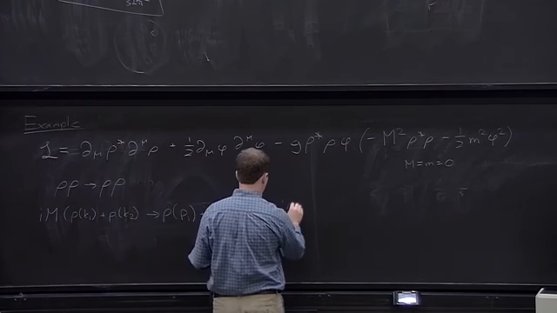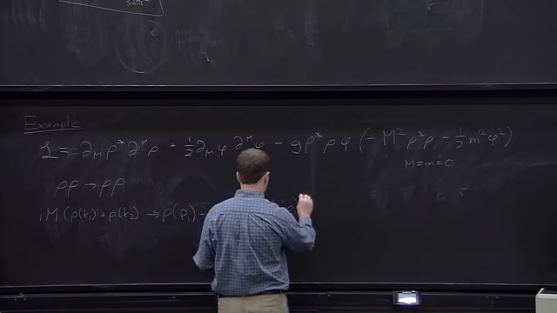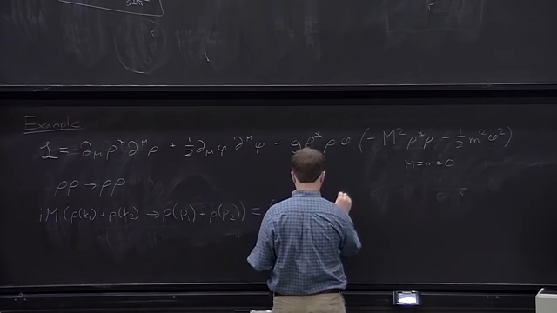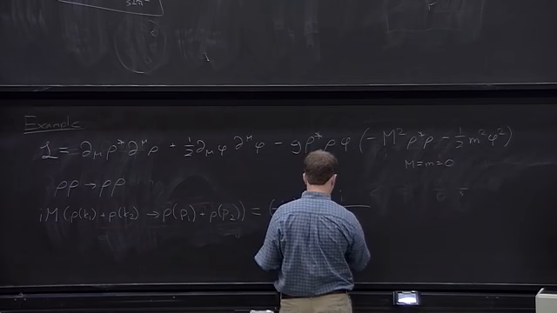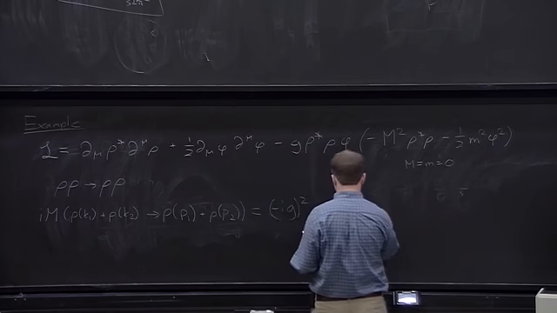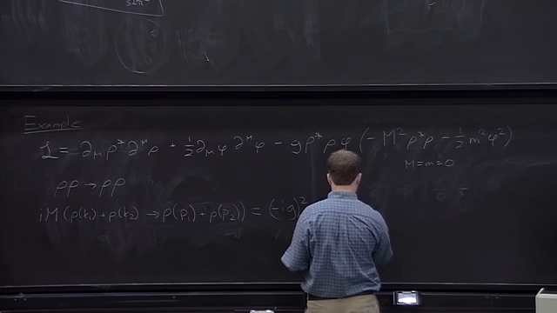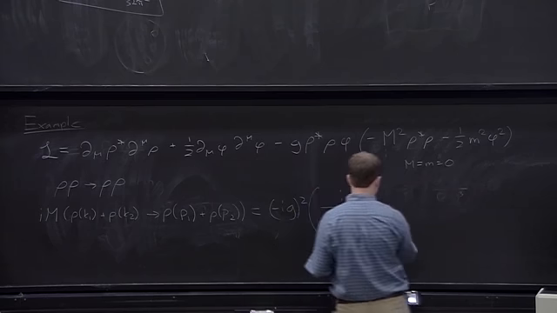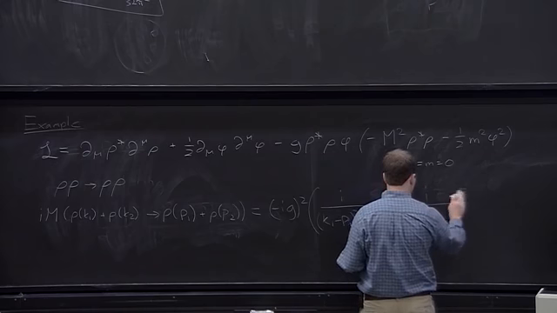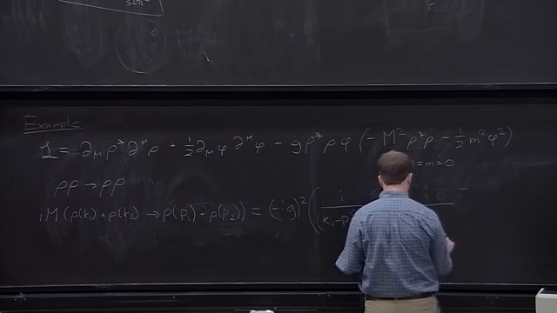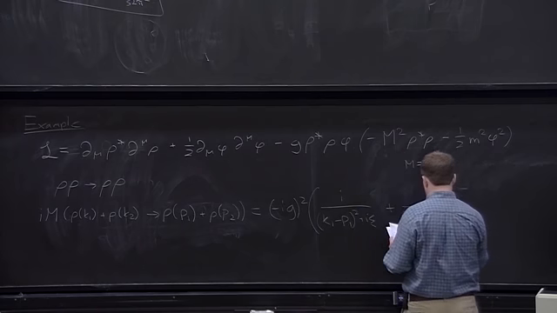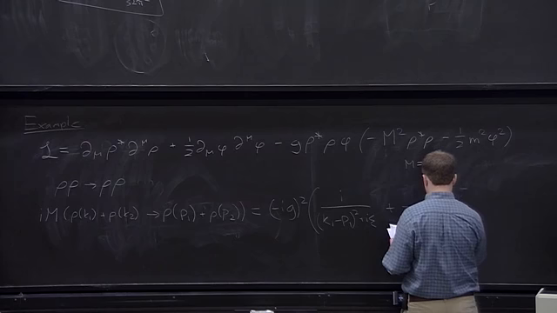The matrix element at leading order in perturbation theory is just minus i t squared times the Fourier transform of two of the Feynman propagators that we discussed at the beginning of today's lecture. So that's not an accident. Matrix elements will in general be sums of products of Feynman propagators.